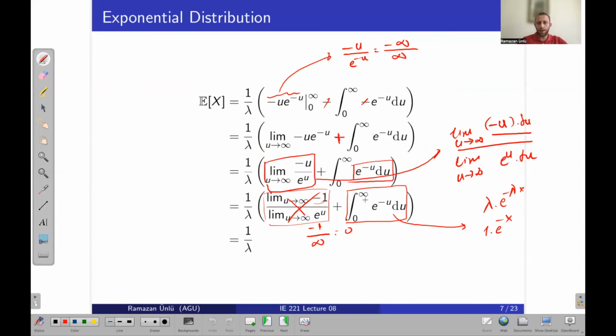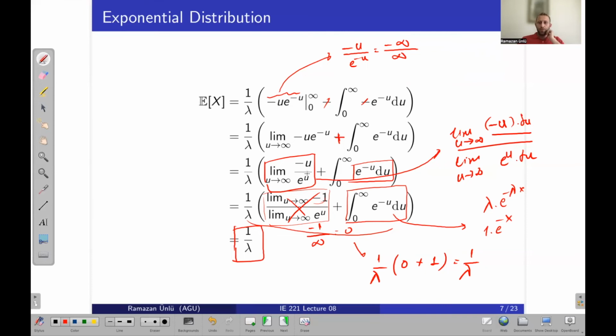Sorry, these will be 1. Okay, what I have here is 1 over lambda times (0 plus 1), and that would be 1 over lambda. Okay, 1 over lambda. So the expected value of the exponential distribution is equal to 1 over lambda.